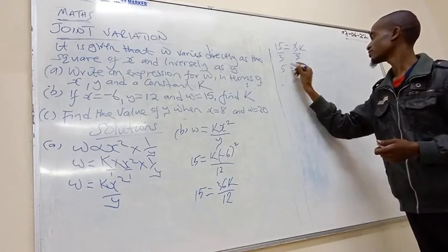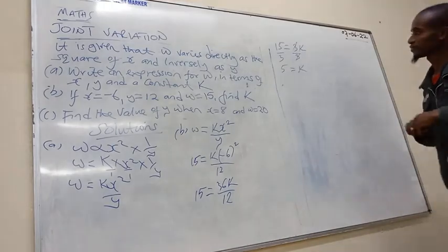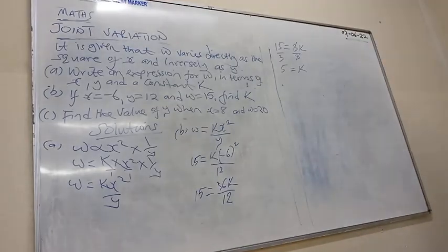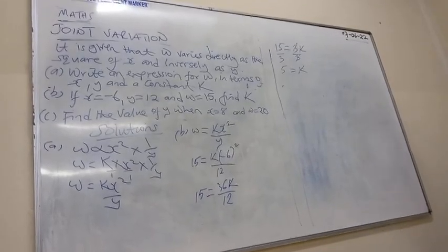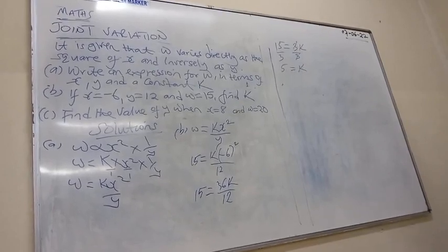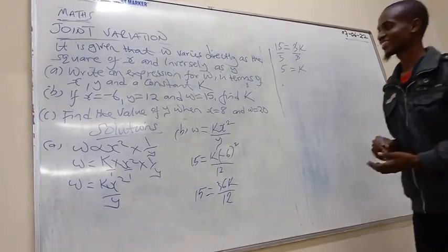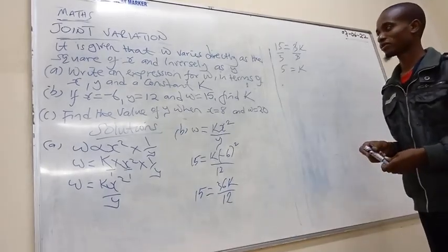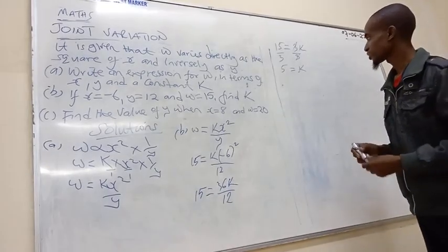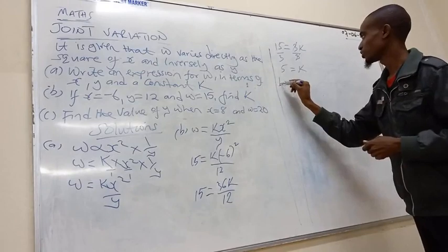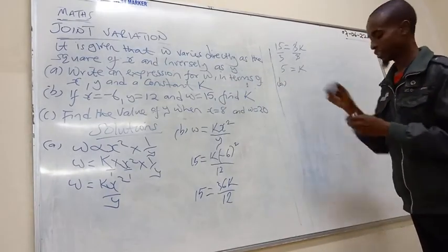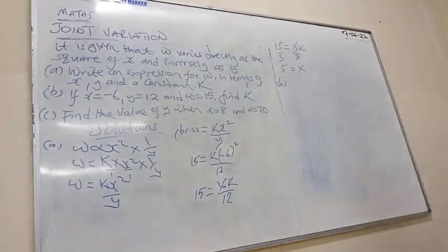Yes, 5. That's the value of k. It comes with good marks in this question, about 5 in total. It's a very flexible question. We move on to C.